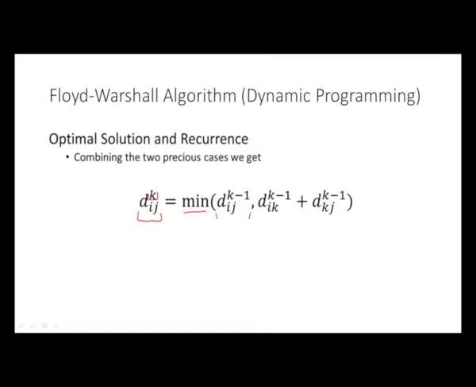This basically means the kth intermediate vertex is not on the path, either this length, or the kth intermediate vertex is on the path, and we need to consider the length of the subpaths i to k considering k minus 1 intermediate nodes, and the sum of this i to k path and this k to j path, again considering k minus 1 intermediate nodes.